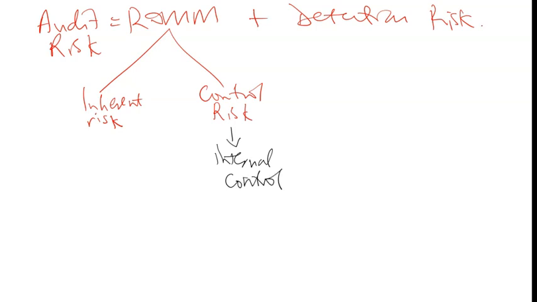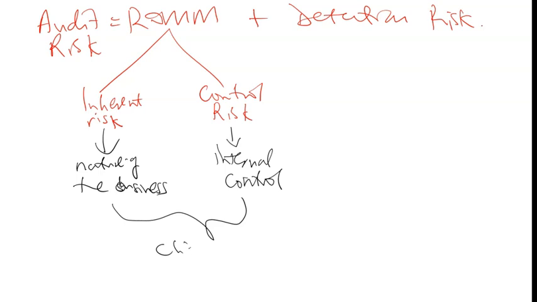How strong is it? What is the control environment? And inherent risk is the nature of the business, how they conduct their business. All these are linked to the client, their client-specific risks.